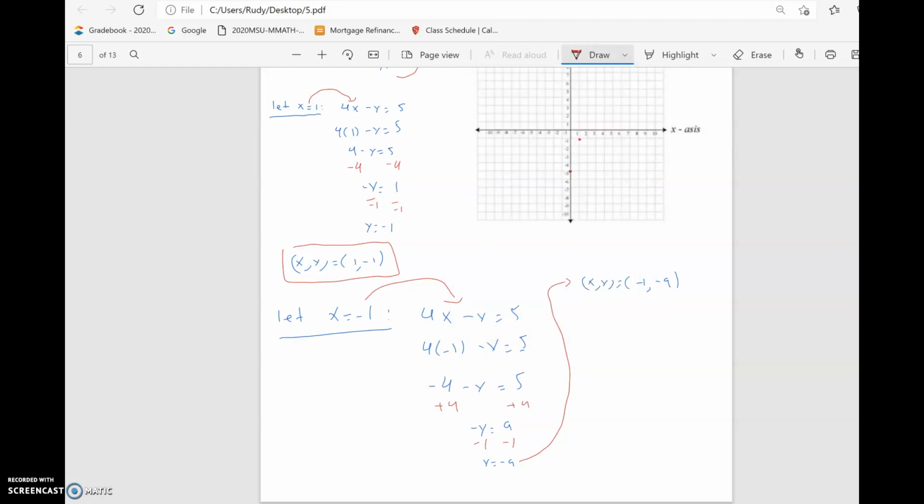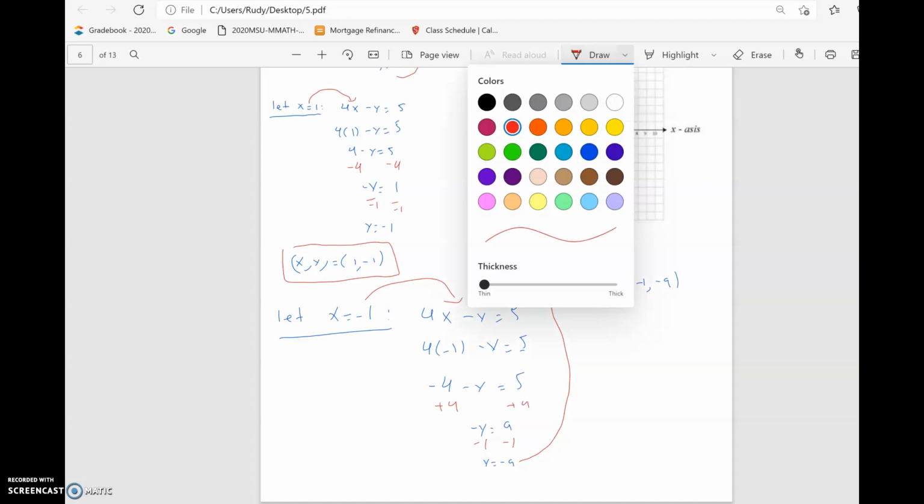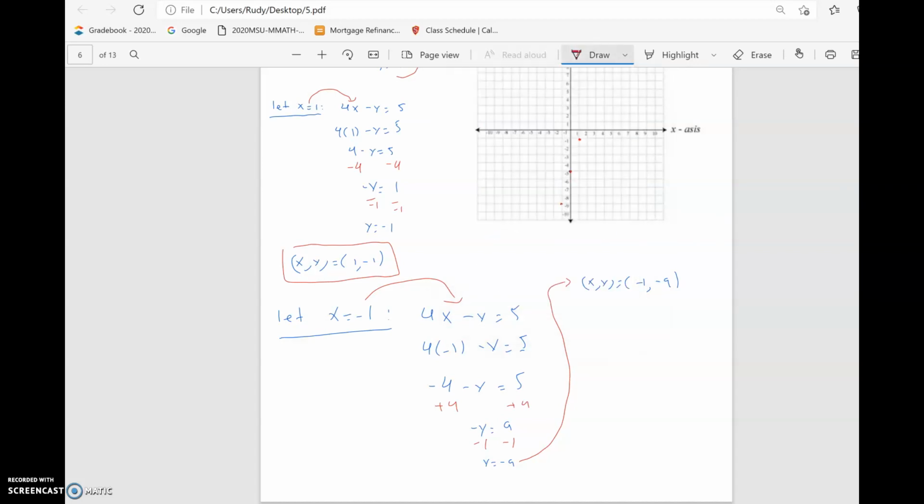So that's going to be here. And then also, let me draw the line. And our line is going to be going through those 3 coordinate points. You're assuming that you have a straight line.